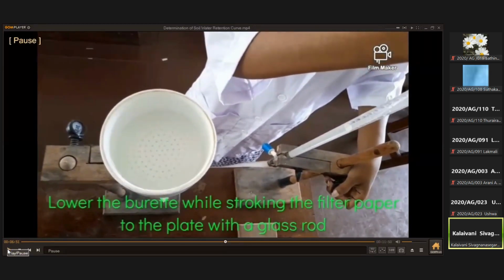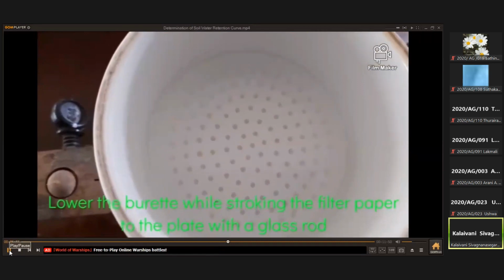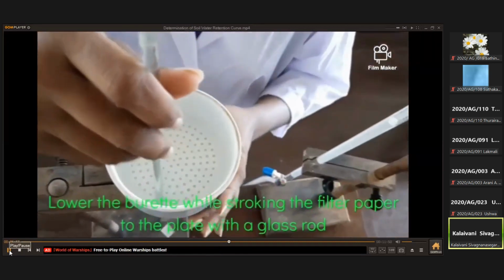You can adjust the water column to take in or remove water. You can adjust the burette height, and with that the water will get in or be removed. Now you can observe the water is inside the Buchner funnel.